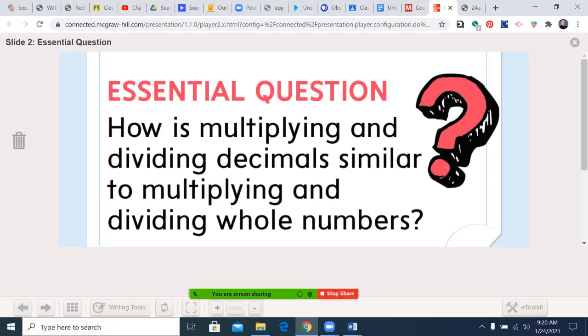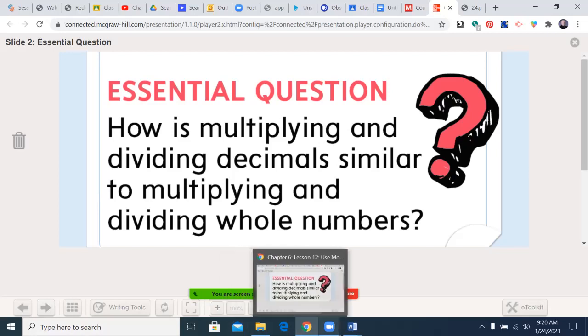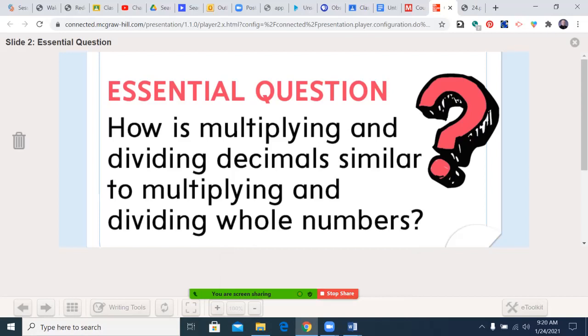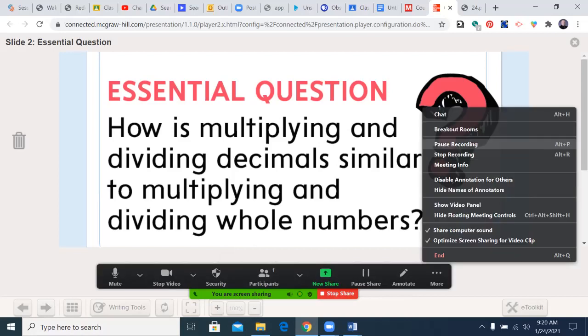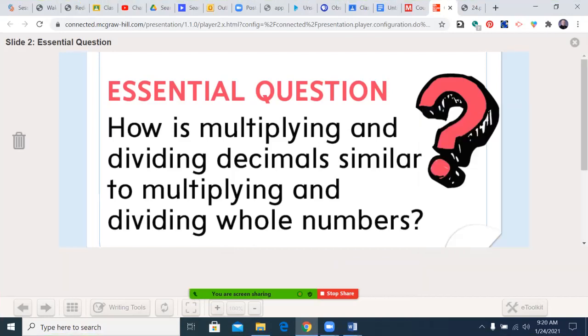You will need your packet. So if you do not have your packet, you should go and grab it, as it will be very useful to you during this lesson. And that packet begins on page 449.